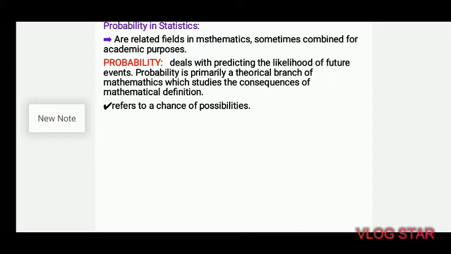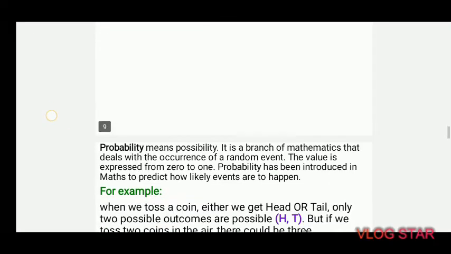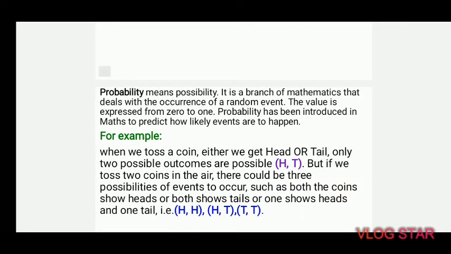Probability is primarily a theoretical branch of mathematics which studies the consequences of mathematical definitions. This refers to a chance of possibilities. Probability means possibility. It is a branch of mathematics that deals with the occurrence of a random event. The value is expressed from 0 to 1.